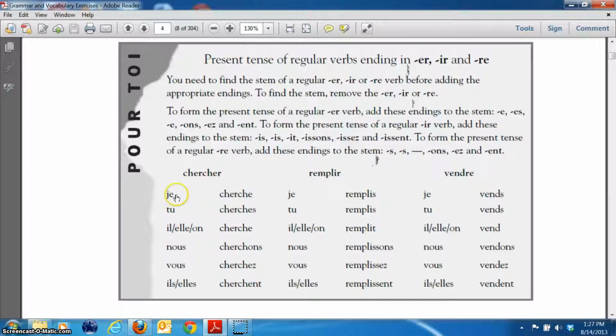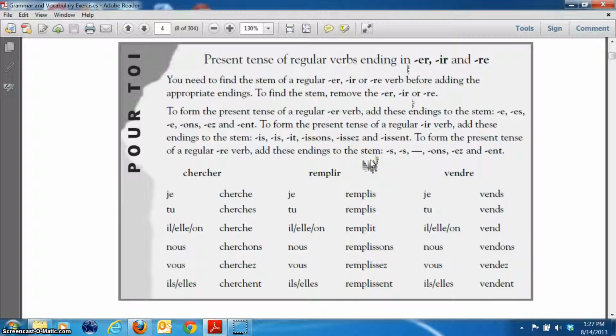Okay? So with ERs, you can't tell the difference in pronunciation from il singular to ils plural. Cherche and cherchent sound the same, and therefore you will always have to make sure you don't miss whatever is said before. So if they say Jacques et Marc, then you know it's an ils plural. If they don't have any references, you won't know just by listening.